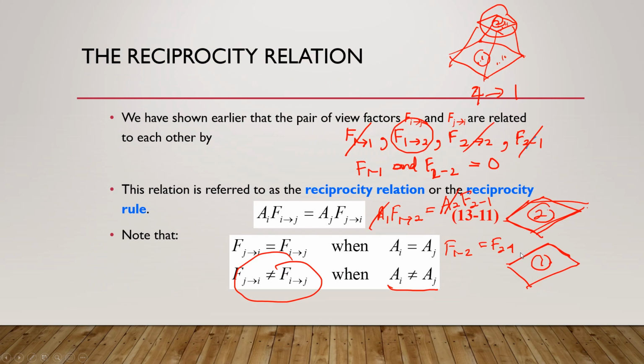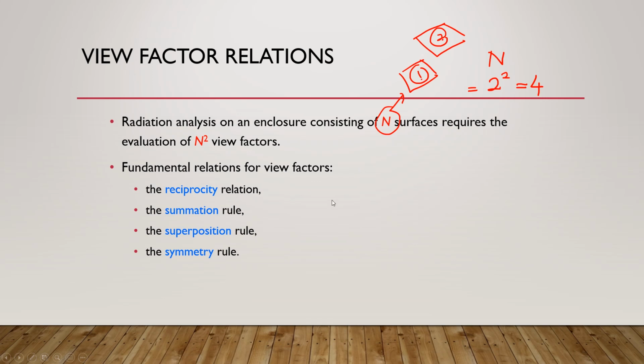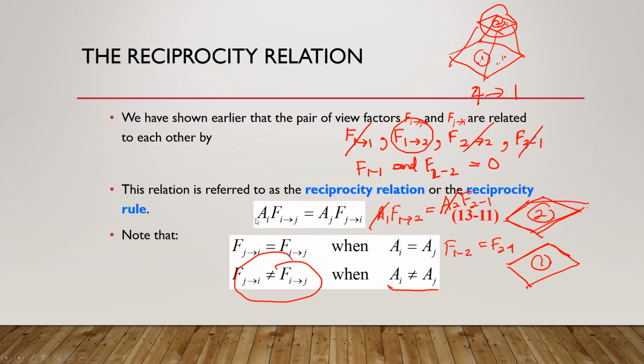After this, in the example, you will see where we need to put these view factors in our rate of heat transfer equation. That's all for the first relation, the reciprocity relation. After this, in the next video, I will teach you about the next fundamental relation for the view factors, the summation rule. Okay, thank you.